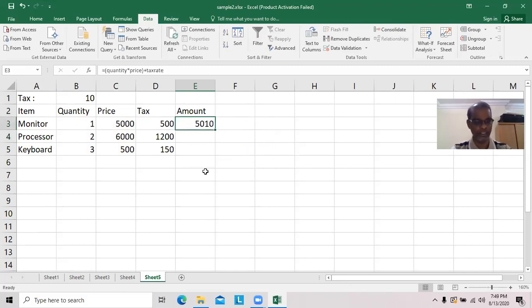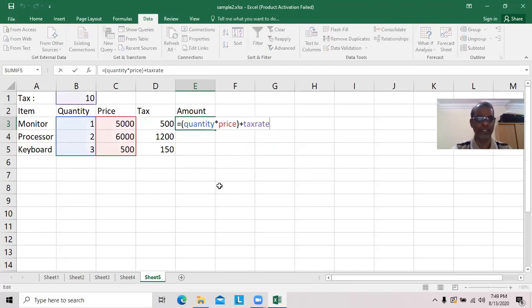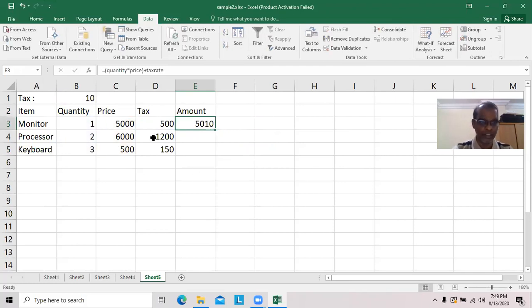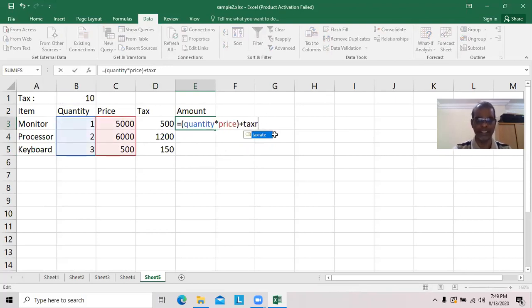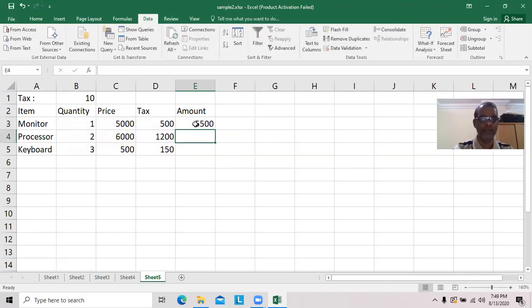Sorry, this is not tax rate, that should be tax. For these three cells, D3 to D5, I'd like to type tax. Instead of tax rate, it should be tax. Tax rate refers to B1, and tax refers to D3. Now we can drag it down.